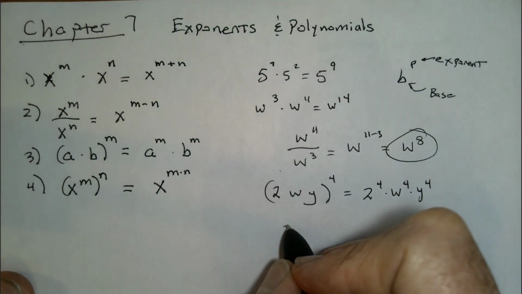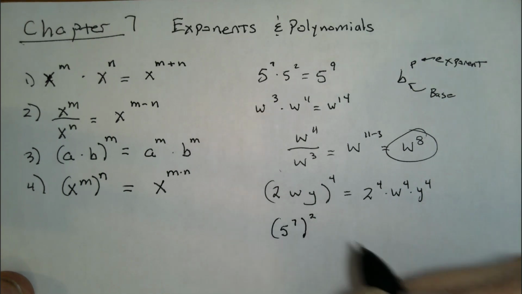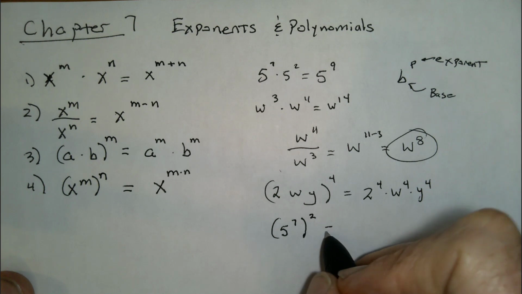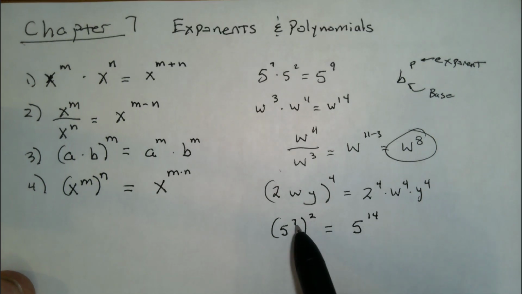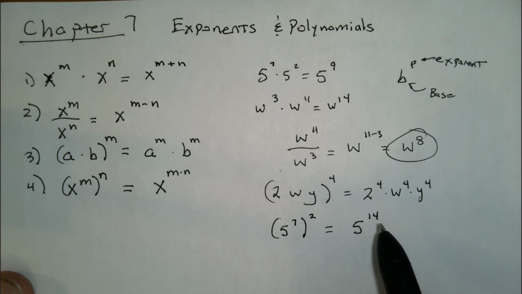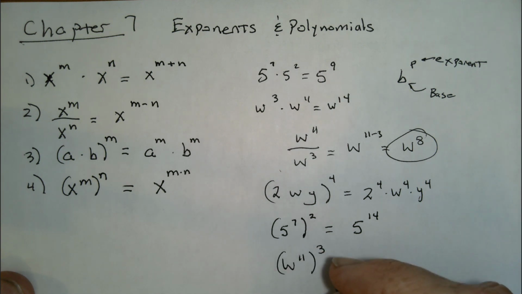So if we did 5 to the 7th, raised to the 2nd power, that would equal 5 to the 14th power, because with a power on a power, we multiply the powers. If it was w to the 11th raised to the 3rd, we multiply those powers and we get w to the 33rd power.